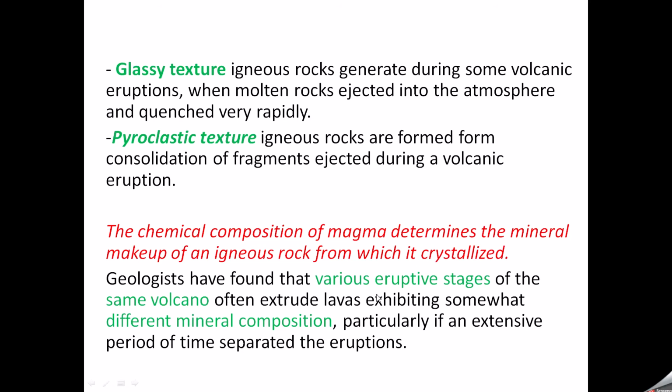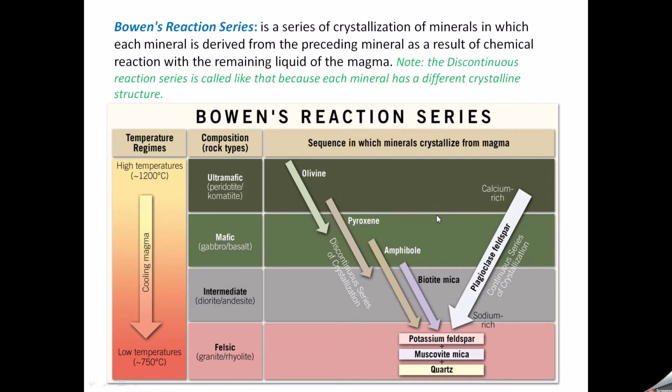Geologists have found that various eruptive stages of the same volcano often extrude lavas exhibiting somewhat different mineral composition, particularly if an extensive period of time separated the eruptions. So the same volcano over time can eject different chemical compositions or different lavas. And we'll explain how later in this presentation.